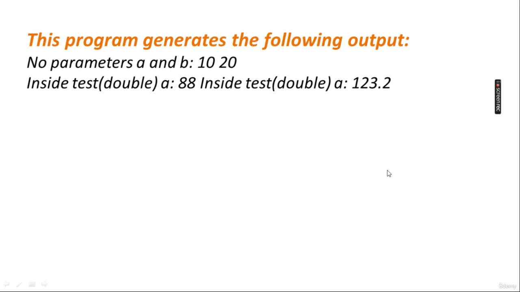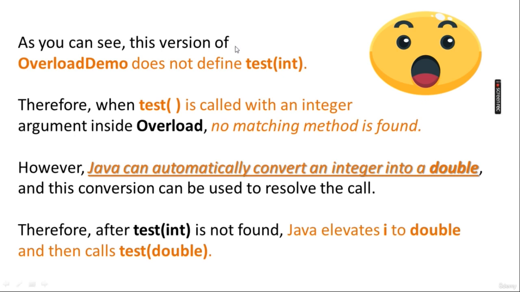But this happens when there is no method present matching exactly to the called definition. This version of OverloadDemo does not define test of integer. Therefore, when test is called with an integer argument inside overload, no matching method is found, because test of integer we have omitted. However, Java can automatically convert integer to double, and this conversion can be used to resolve the call.